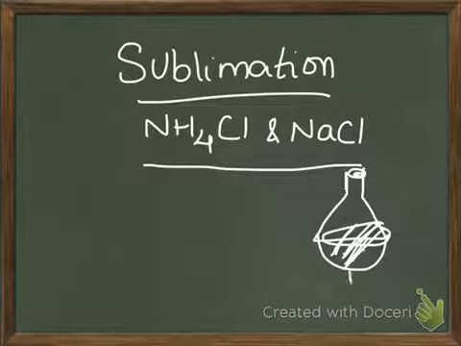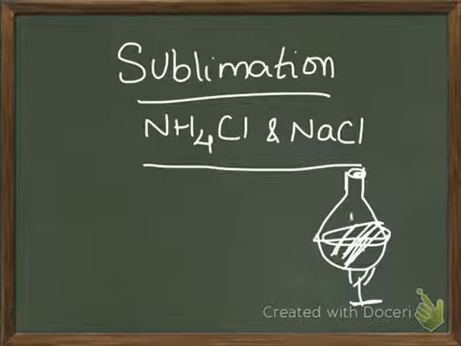Now when you heat the mixture, you can see vapors of ammonium chloride rising like this. They will get vaporized in the flask. And these vapors cannot escape as the cotton bud here is blocking the path of the vapors.